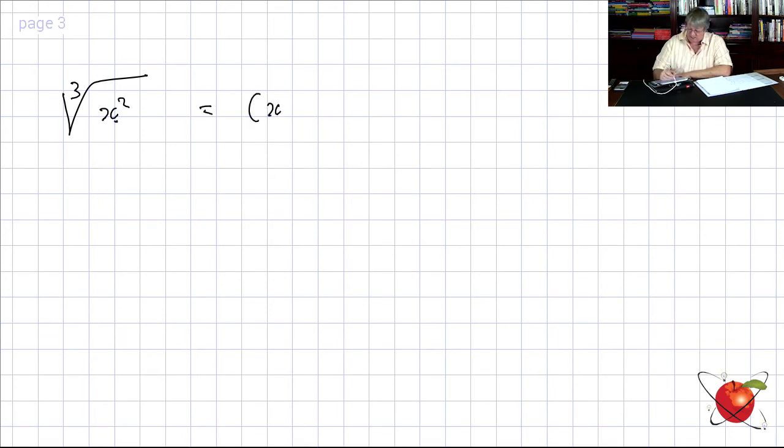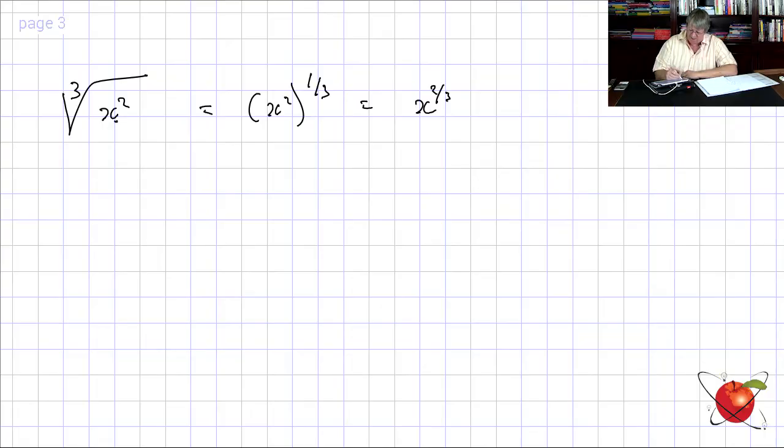Therefore, that is x squared to the power of 1/3, which is equal to x to the power of 2/3, correct? We're going to deal with exponents and surds interchangeably because essentially we can take a surd and make it into an exponent. We're going to simplify first, then put it into an equation. And x, the unknown, is in the base here, so we're going to be working with x as a base.